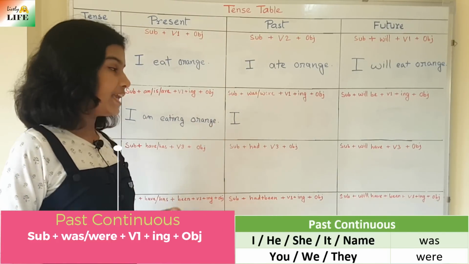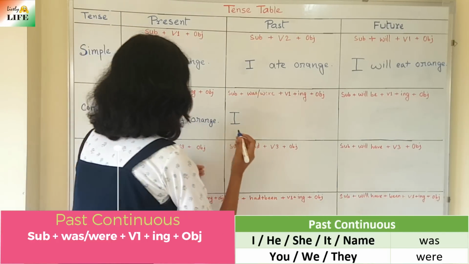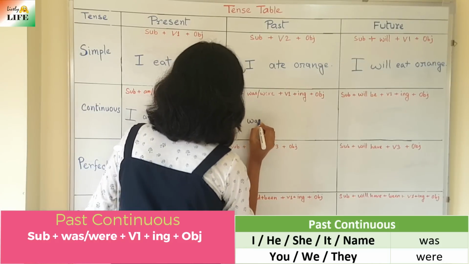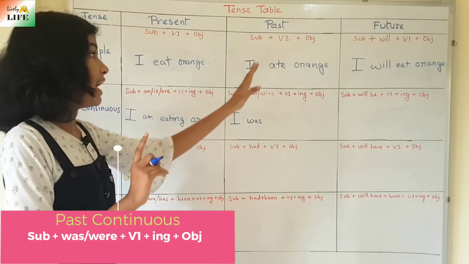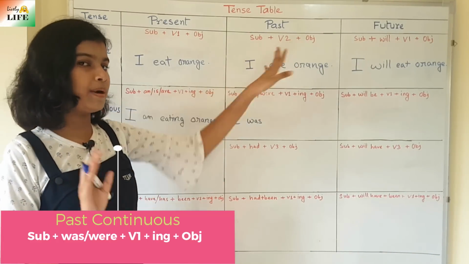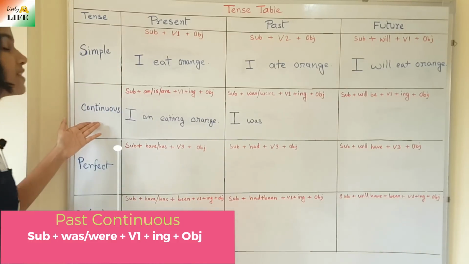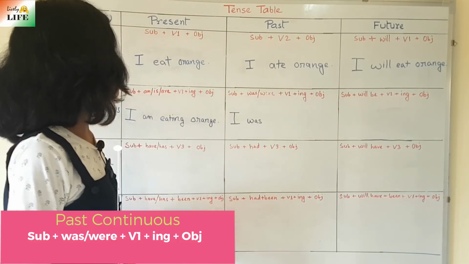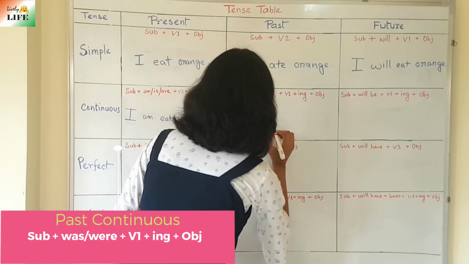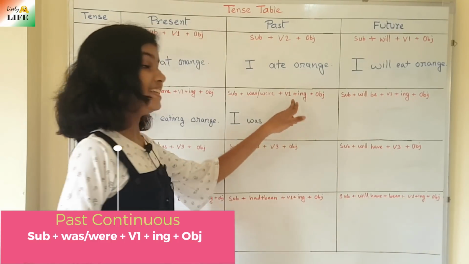So we have used I, so after I we use was. I was. And then V1 form. Okay, we don't use V2 form as we did in simple past tense. It's not like that in past continuous tense. We are going to use V1 form. So V1 form of eat is eat, then ing.